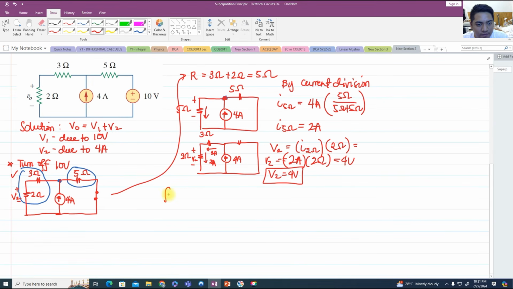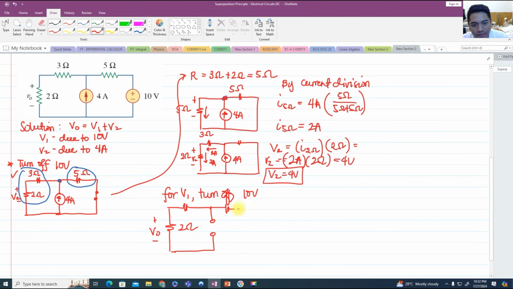Now, for V1, turn off again. Turn off the what? The 10 volts. So the circuit would look like this. We have 3 ohms here. We are going to replace the current source as open.